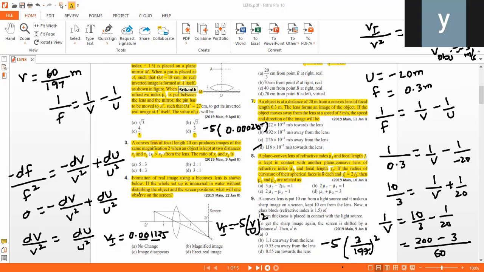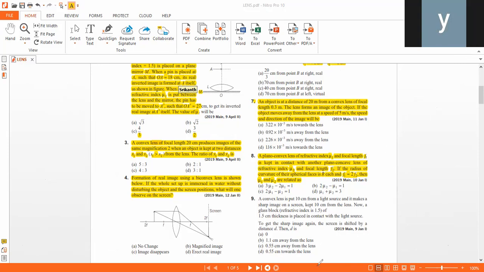Next 8th. Completed this one. 8th: A plano-convex lens of refractive index mu1 and focal length f1 is kept in contact with another plano-concave lens of focal length f2 and refractive index mu2.